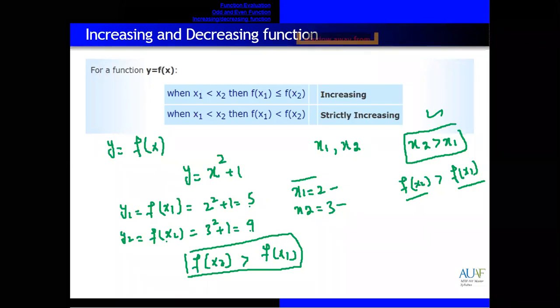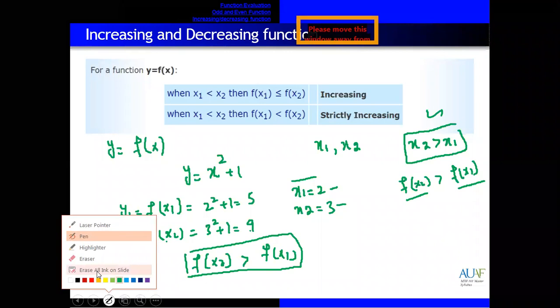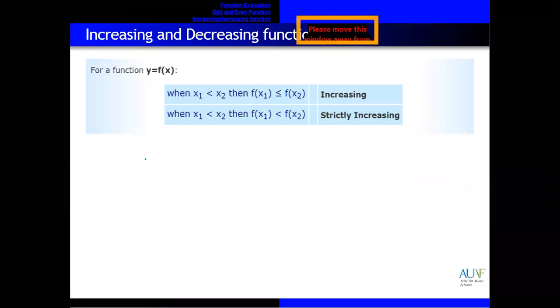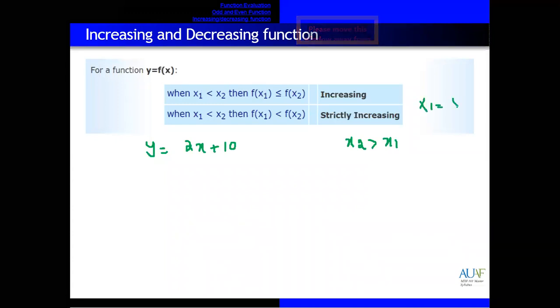Okay, next example about increasing function. Let's suppose we have the function y is equal to 2x plus 10. Select two numbers, but the condition is x2 must be greater than x1. Let's suppose x1 is 5 and x2 is 10.